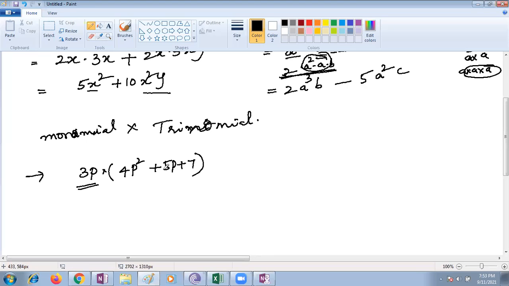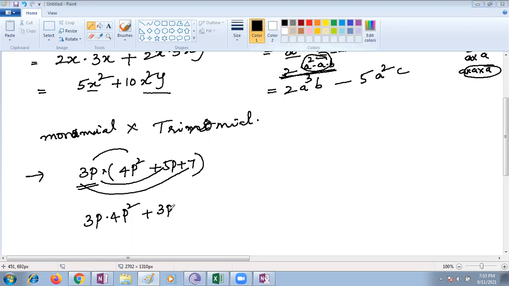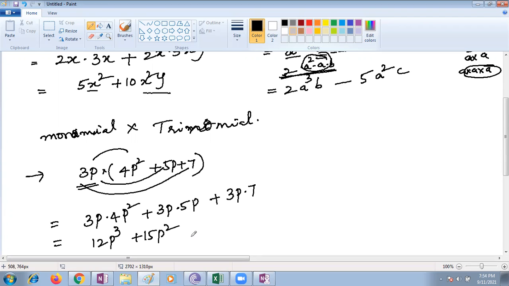In the second expression, yes, ma'am. So 3p, 3 times you're supposed to multiply. 12p cube plus 3p into 4p square, 12p cube plus 15p square plus 21p.